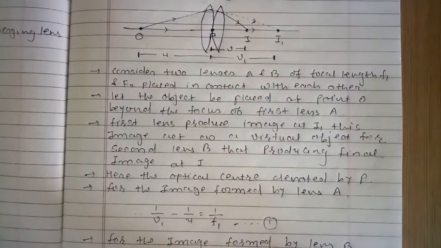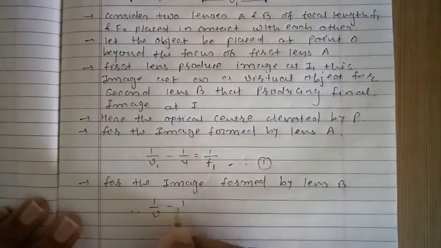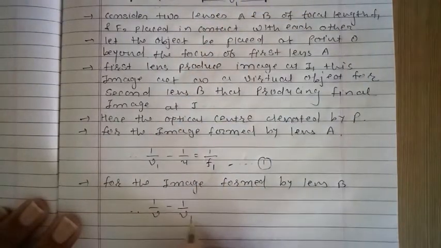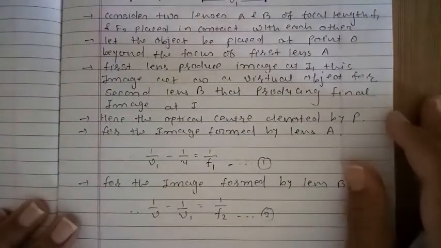So the formula is 1 by v minus 1 by v1 is equal to 1 by f, but for the second lens f2, equation number 2.